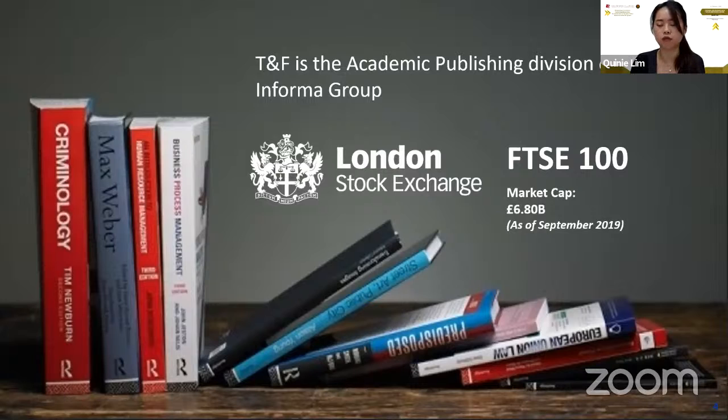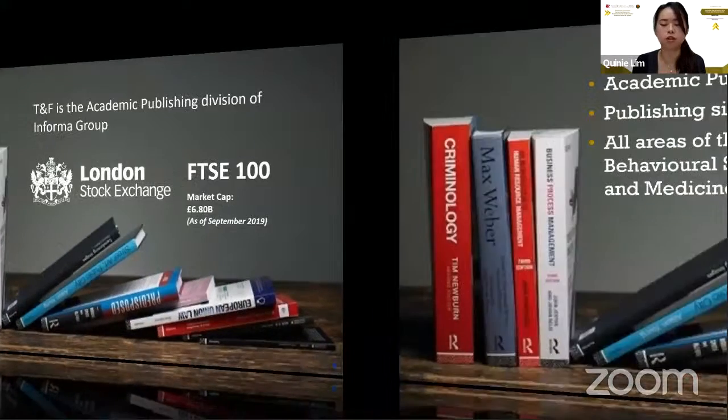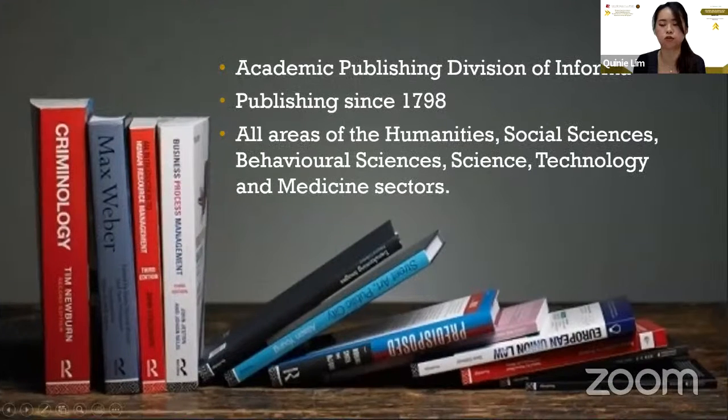We have more than 6,500 employees globally, and we have a presence in all major geographies, including North America, South America, Asia, Europe, Middle East, and Africa. Taylor and Francis has been publishing since 1798, and we are the academic publishing division of Informa. We publish in all areas of humanities, social sciences, technology, and medicine as well.